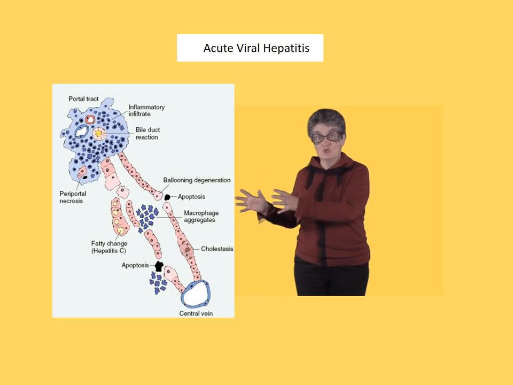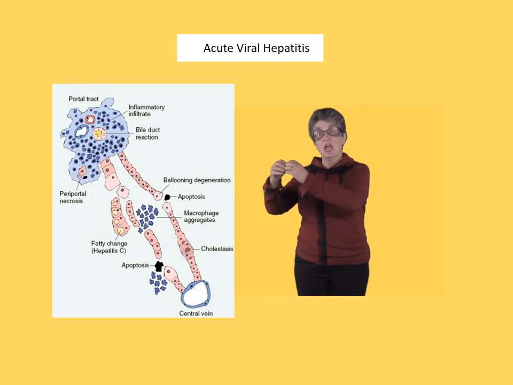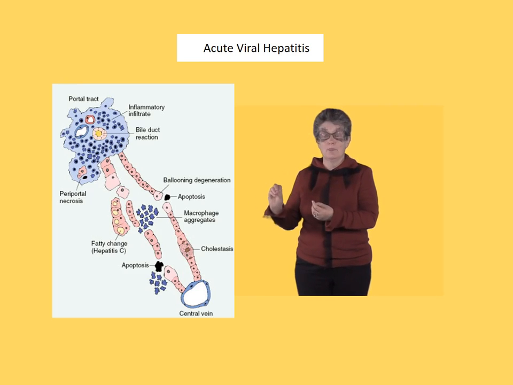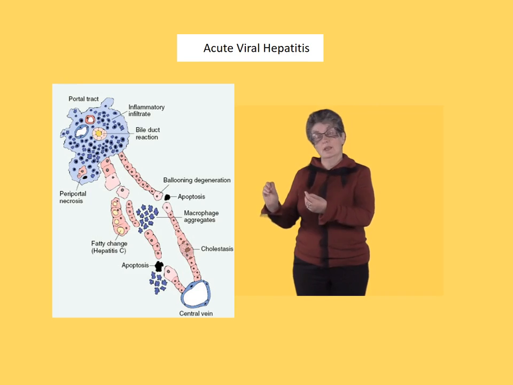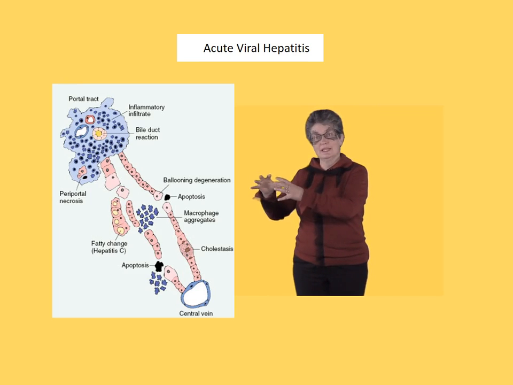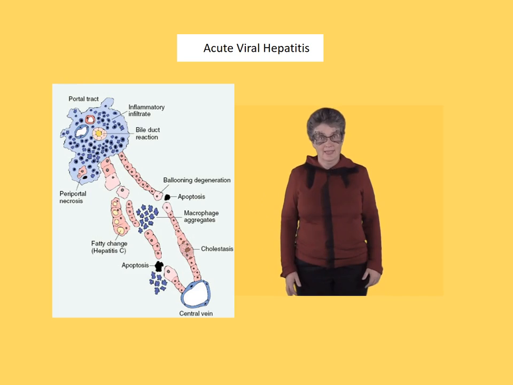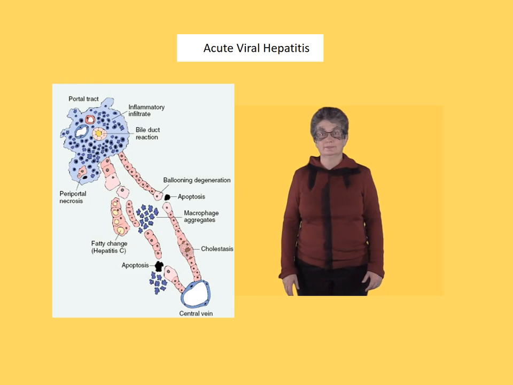There's an inflammatory infiltrate. The cells become sick and balloon up. Some cells die. In particular, they undergo apoptosis. So in the liver, inflammatory cells will surround a liver cell, send cytokines that tell it to die. And that's what apoptosis is.